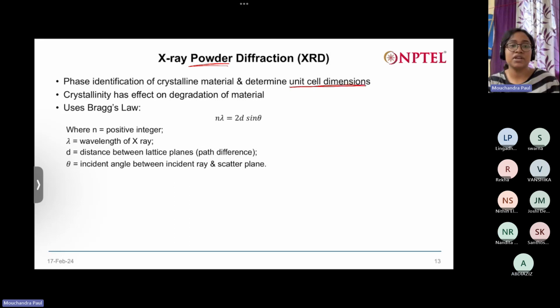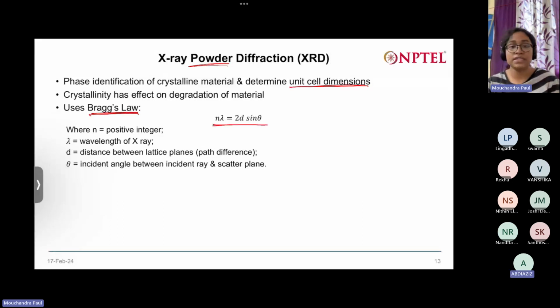But if it is made up of amorphous materials like ceramics, then it has a higher tendency to degrade faster. So the crystallinity of the material has a huge impact on whether it will degrade faster or slower. This technique is based on a law called Bragg's law, which is given by this expression.